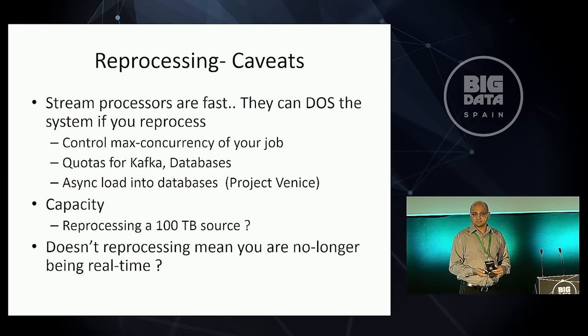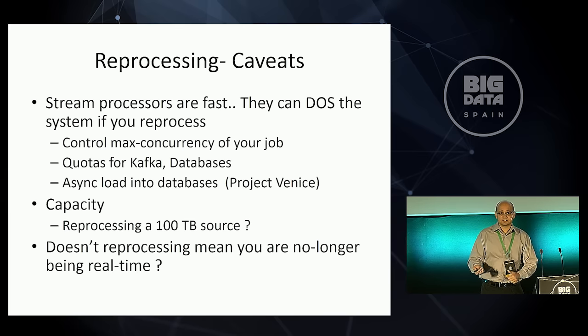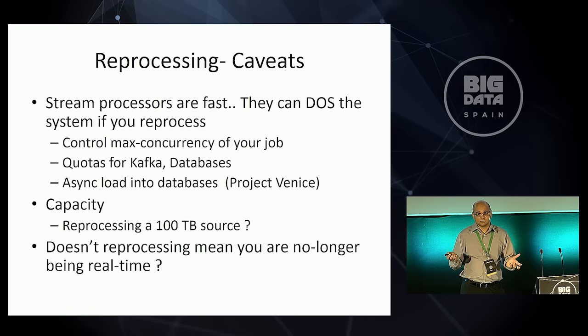Of course, there are a bunch of caveats with this. First of all, stream processors are fast, which means that if you go back in time and reprocess, you can DOS the system, right? Many companies out there are so sensitive about latency, they keep their online systems and their offline systems separate, right? They don't always run the 2,000 node Hadoop cluster, let's say, in the same place where they run their website, because Hadoop can flood the networks and then it can cause impact on your latencies.